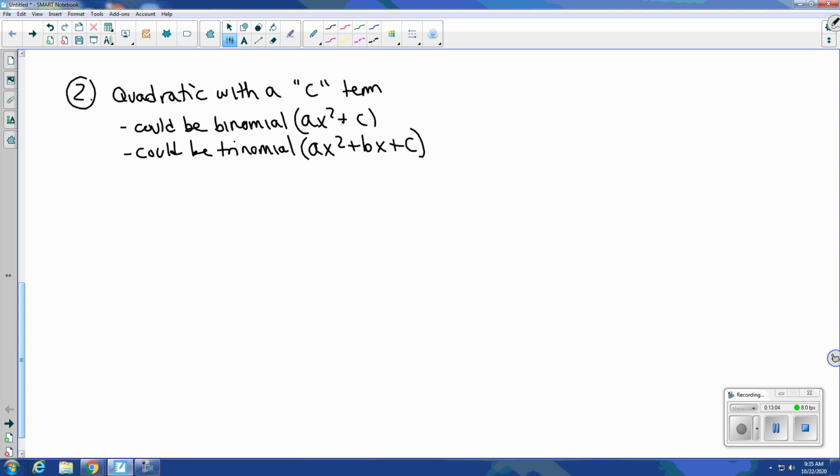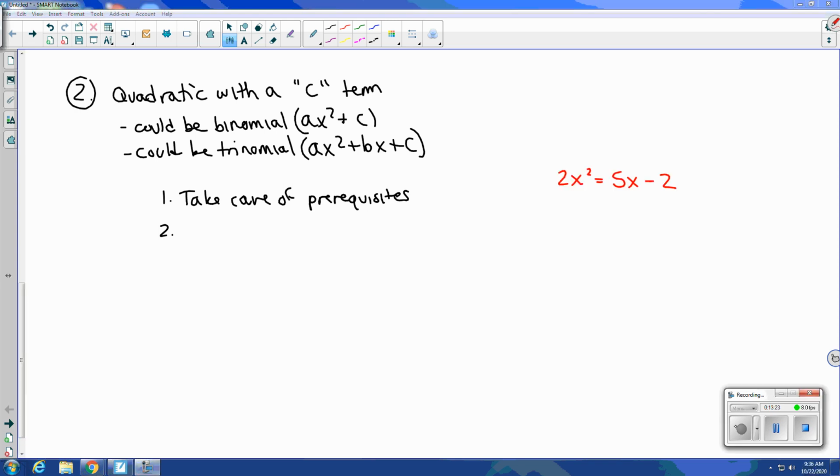Step 1, take care of the prerequisites. Step 2. So here's where things would help to have a side-by-side. So let's add that in. So I've added in this quadratic example to the left in red. Step 1, take care of the prerequisite conditions that need to be met before I actually do the factoring process.